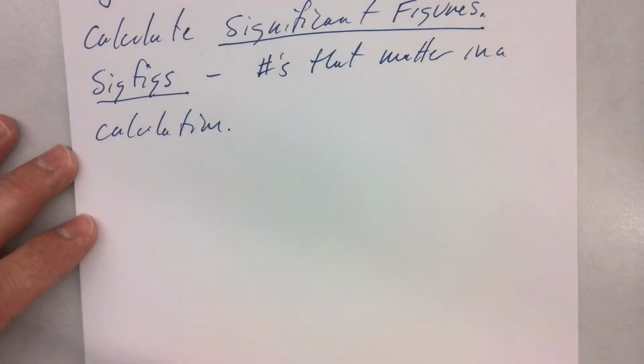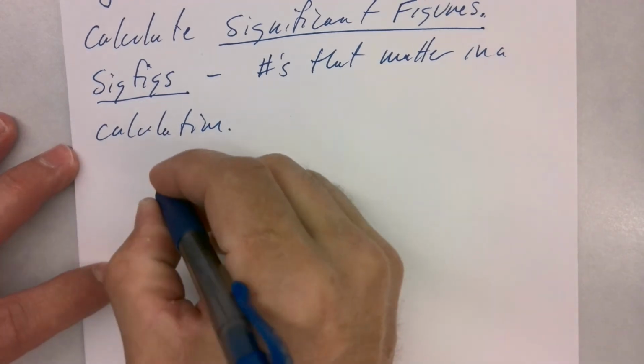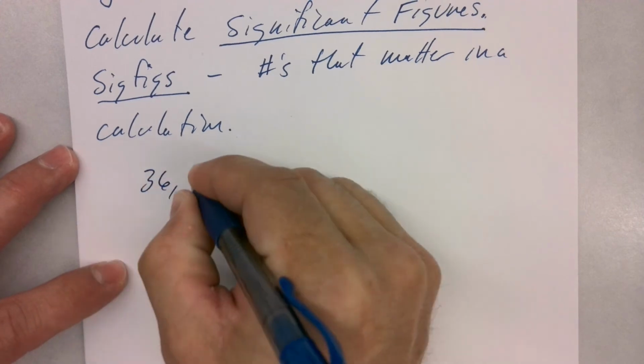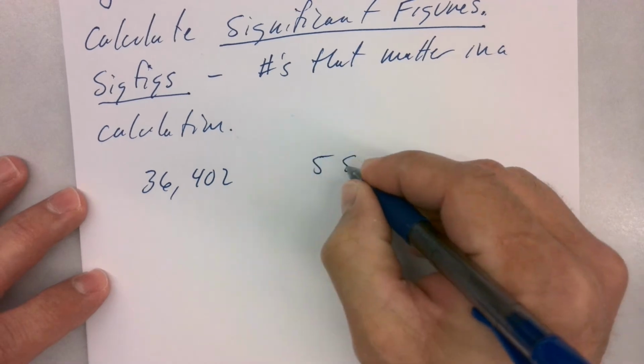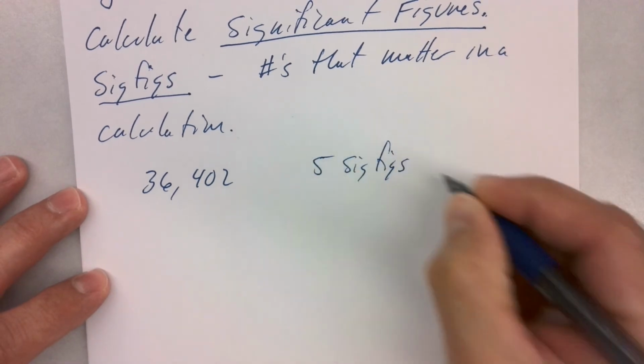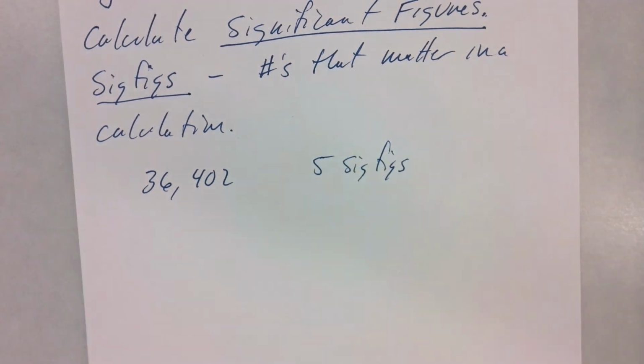In any number, and it doesn't matter what it is, if I've got, let's say, 36,402, okay? This has 5 sig figs. Now, if it's a number, it's what's called significant, no matter what. The only one that doesn't apply to is the number what? Anybody know? Nope. 0. Okay, 0 is the only thing you got to watch out for.